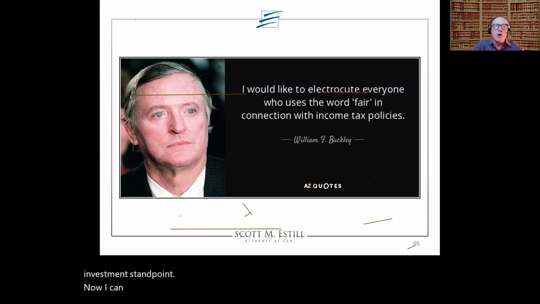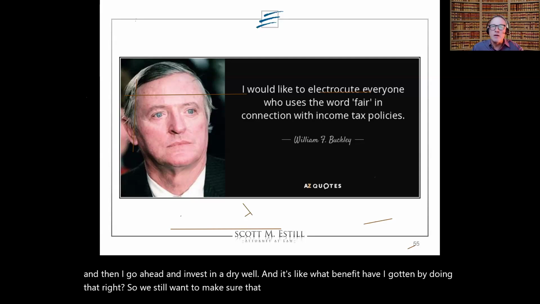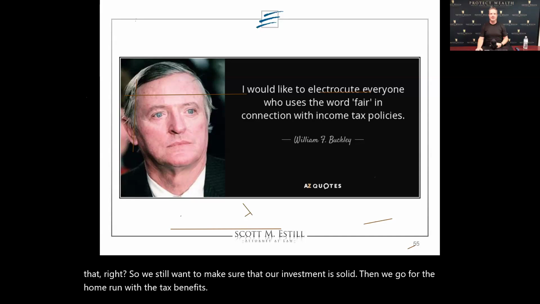Rather than going, oh, I can get this 100% deduction, and then I go ahead and invest in a dry well. And it's like, well, what benefit have I gotten by doing that? Right. So we still want to make sure that our investment is solid. Then we go for the home run with the tax benefits. I love it. Go for the good investment, then tax benefits and stack them.